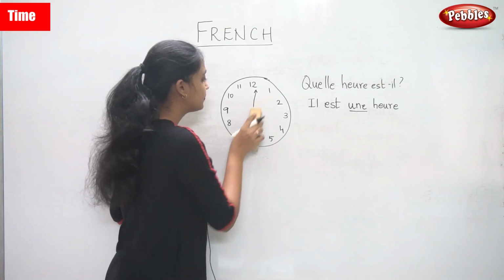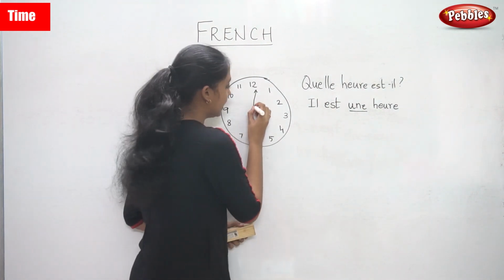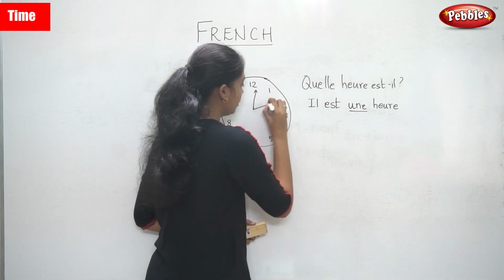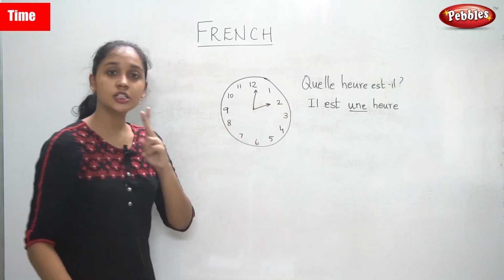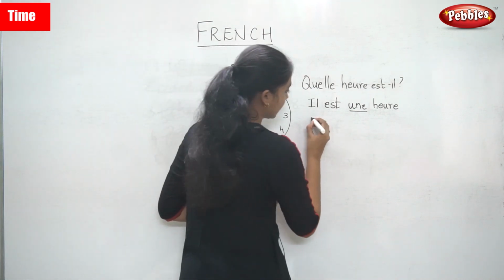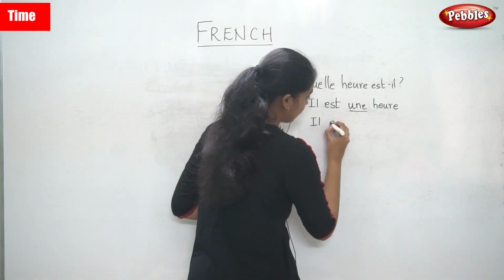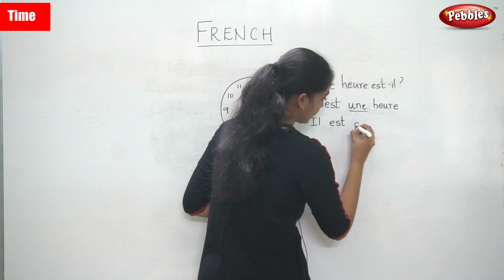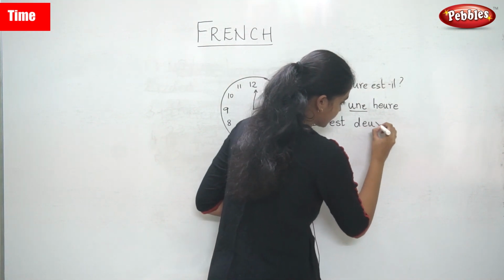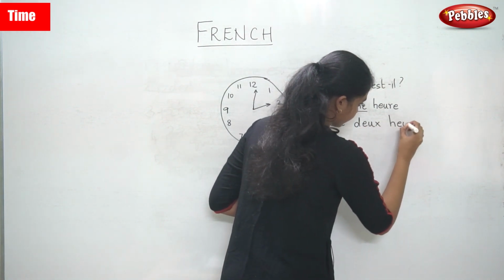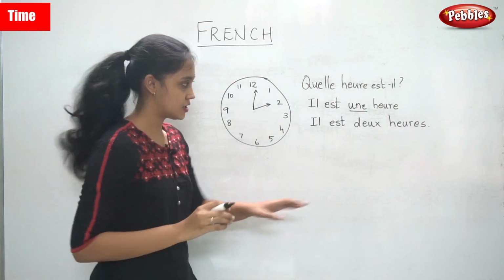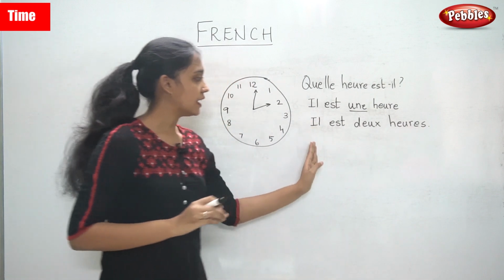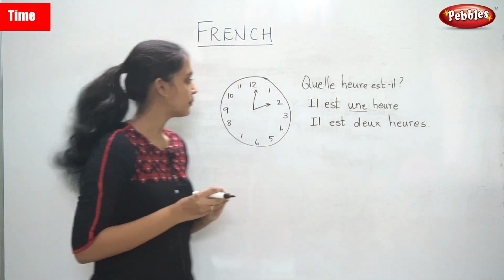So now, what would you say if the clock indicates this? It is 2 o'clock. Deux heures. Now, 2 hours, so, plural. Deux heures.